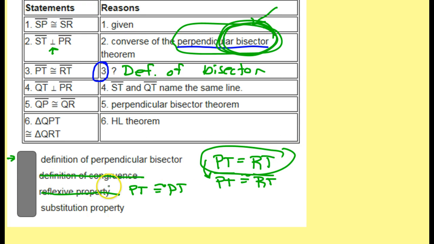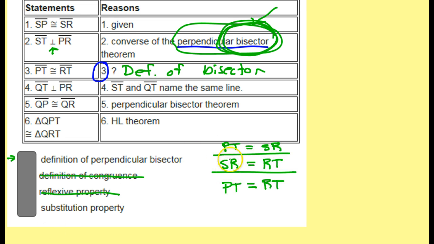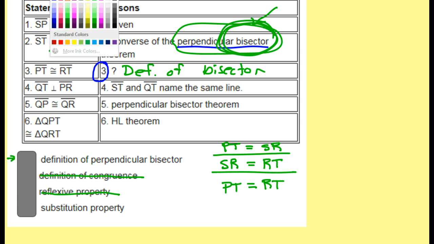That just leaves substitution, and looking at the previous steps, substitution is just not what happened. Substitution would be more like this: if I knew that PT is equal to SR, and then SR equals RT, well then I could do a substitution.